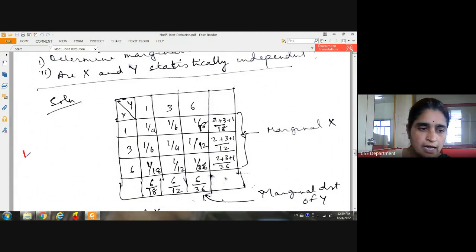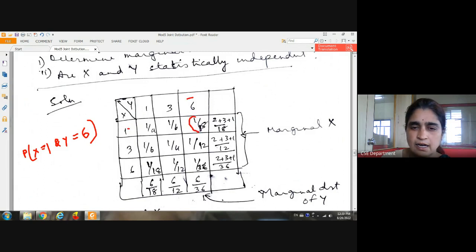So if you are asked the probability that x takes the value 1 and y takes the value 6, what is that probability? You will look at this table. X takes value 1, y takes value 6. So this is the cell. The answer is 1 by 18. By looking at the table, you can tell.